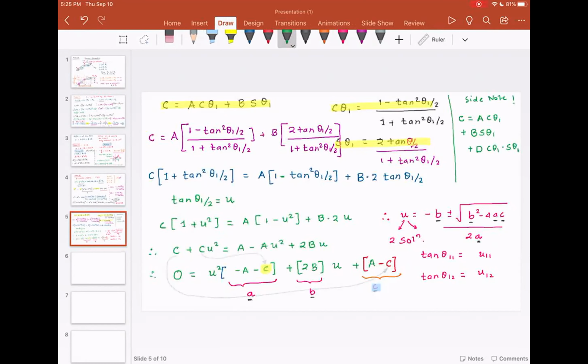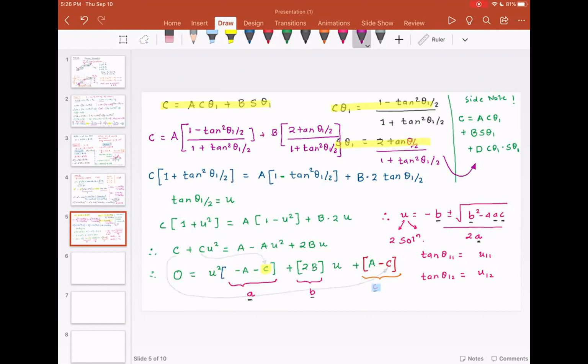So you may land up with an equation of this form, with A cosine theta 1, B multiplied by sine theta 1, and D multiplied by sine and cosine theta 1. In that case too, this substitution works.